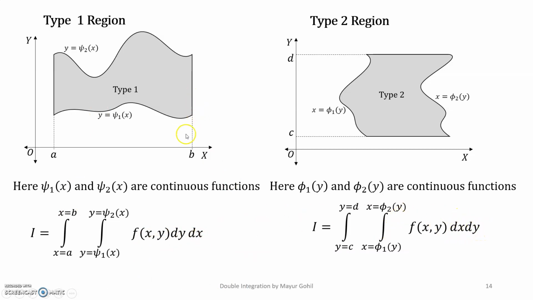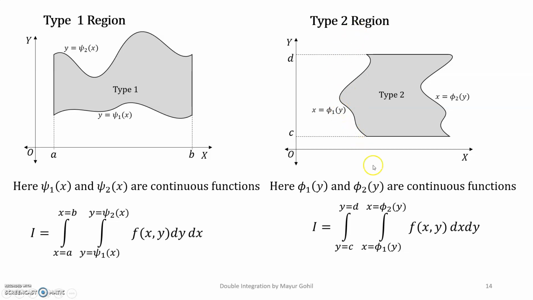On this region, you can see that in type 1 region the functions are y equals psi 1 of x, and in this type of function x is the independent variable and y is dependent. When the boundary is in this manner, over here you see that x is the dependent variable and y is the independent variable.